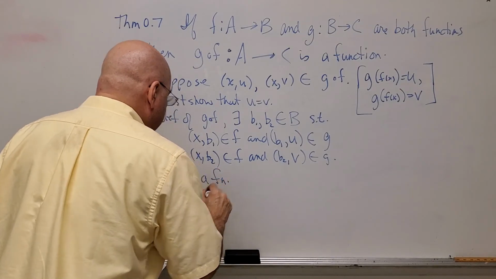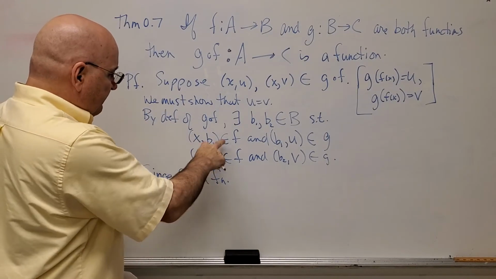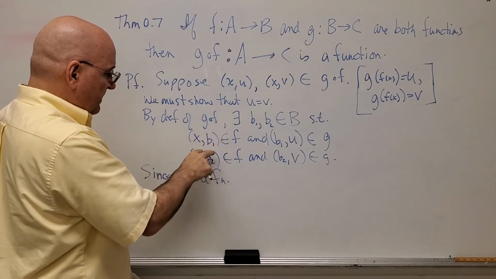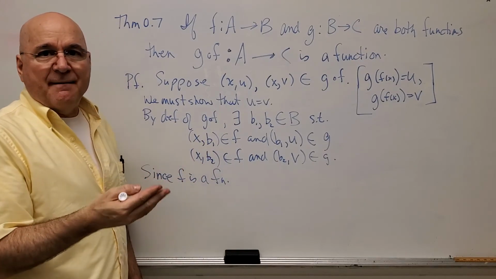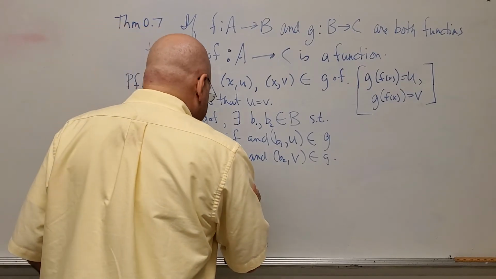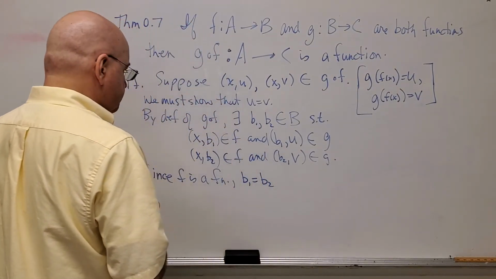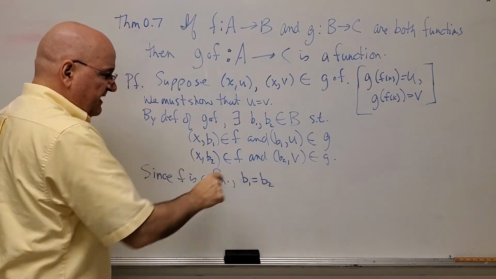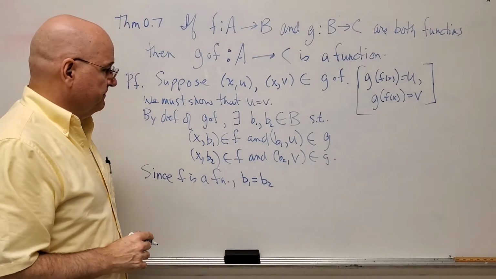I'm giving it away here. Since f is a function, we've got two ordered pairs here, both starting with x. That means b1 and b2 happen to be the same number. Okay, and if you want to put the justification in parentheses, you can say, since f is a function.